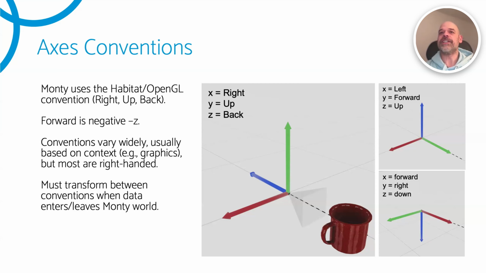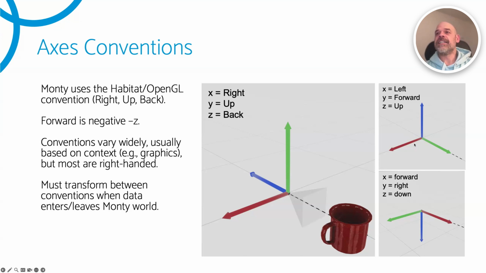So here are some other common conventions. We have X to the left here, Y forward, Z up. I think this is Matplotlib. It's also Blender. So if you ever plot stuff in Matplotlib and it looks like everything is spun by 90 degrees, it's because it's in this coordinate system.